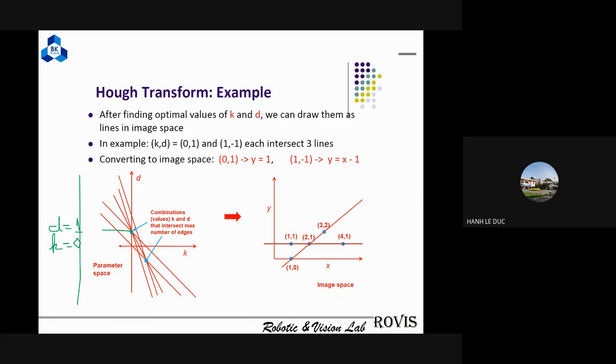So the original equation is y equals kx plus d. Replace k equal to 0 and d equal to 1 here, so we will have the equation y equal to 1.